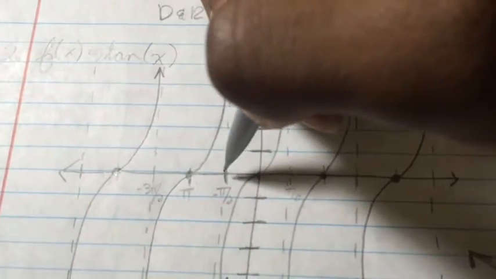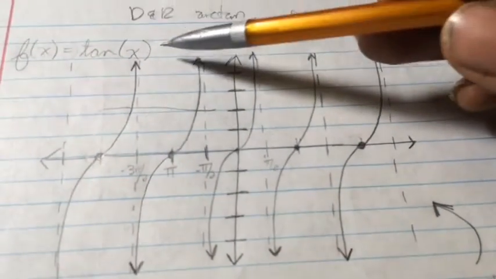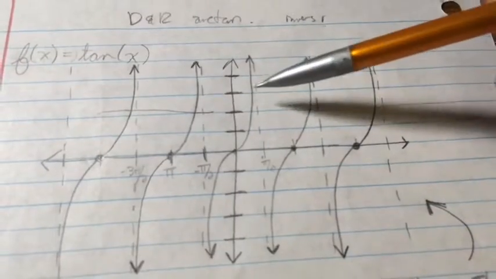You can see that even though it is undefined at these points right here, you can still draw a horizontal line, which makes that function not one-to-one. However, if you want to find the inverse of the function, you have to restrict the domain so that it is one-to-one.